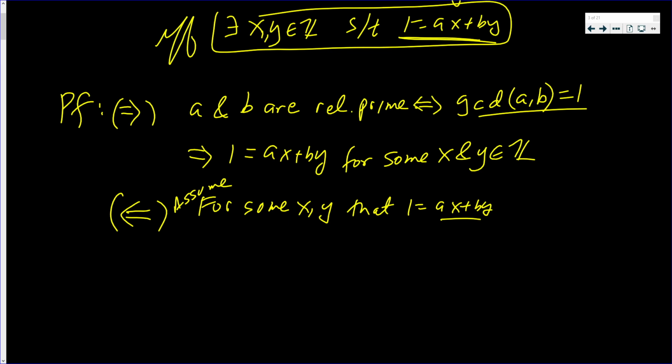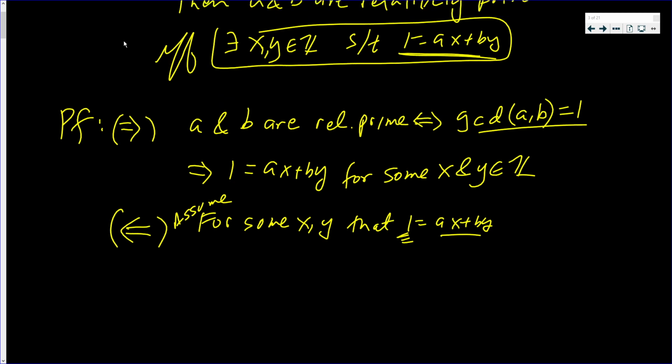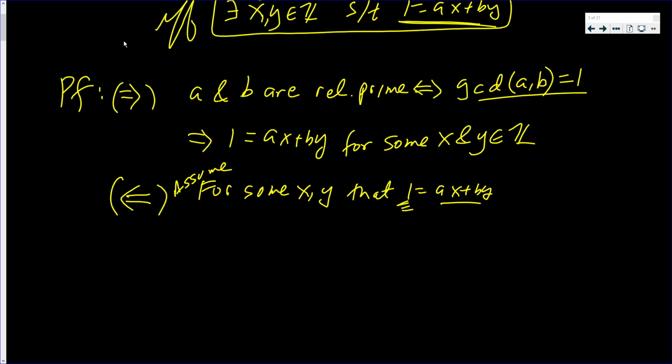And it's always a positive integer. There's no way out except for the GCD of A and B to be 1. That implies that the GCD of A and B is 1. Can't be any smaller.